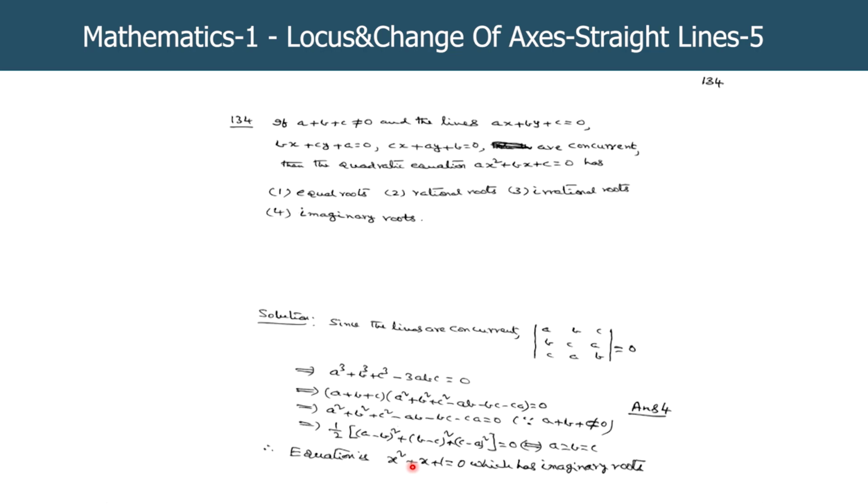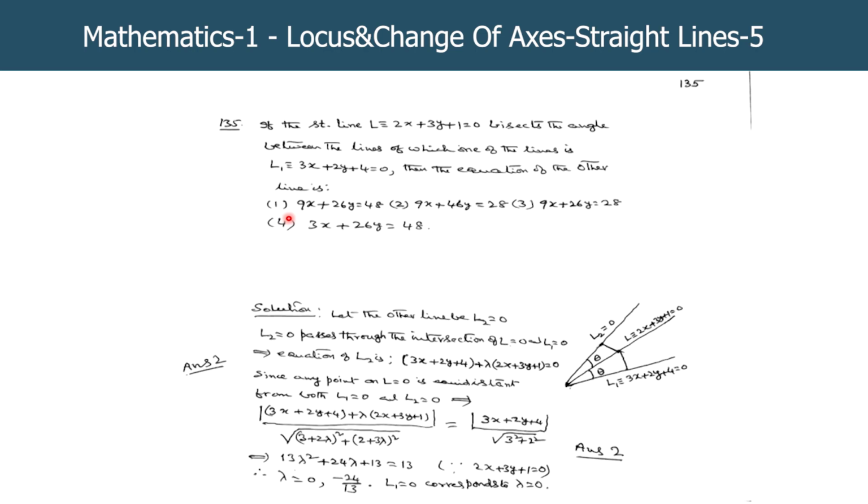And we know that if the discriminant of a quadratic equation is negative, then it must have imaginary roots. So if those three lines are concurrent, then the quadratic equation Ax square plus Bx plus C equal to 0 has imaginary roots. So the answer is number 4. Answer is option 4.